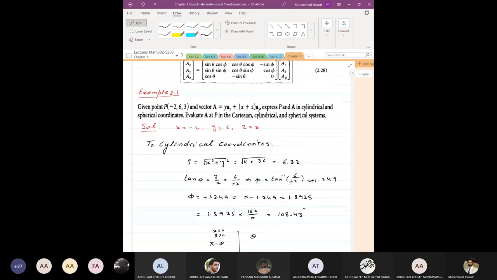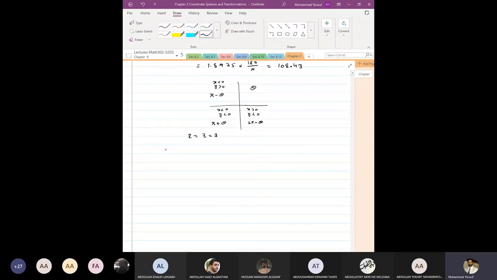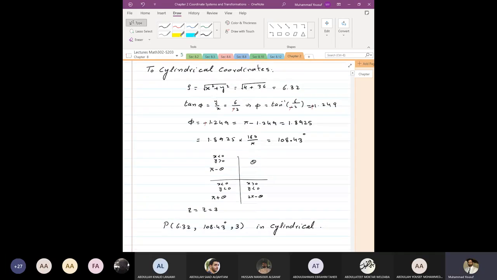So the point P in cylindrical coordinates is first 6.32, which is rho, then 108.43 degrees, and then z, it is 3. Anyone has any question here?